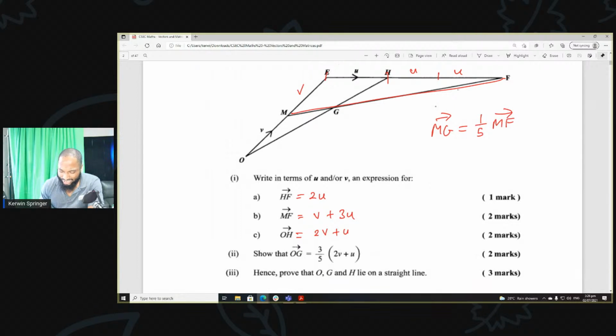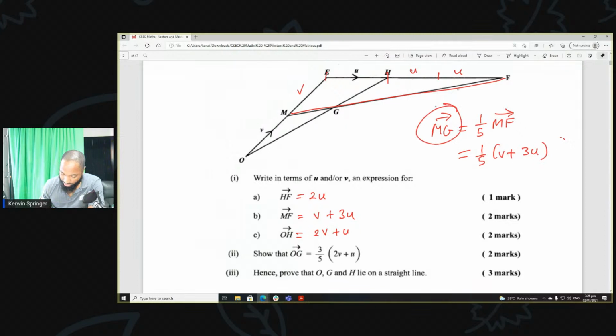I think they said MF is 5 MG, which means the same thing. So this is 1/5 of the whole thing. The whole MF is V plus 3U, we already wrote what MF is. So MG is 1/5 of V plus 3U.